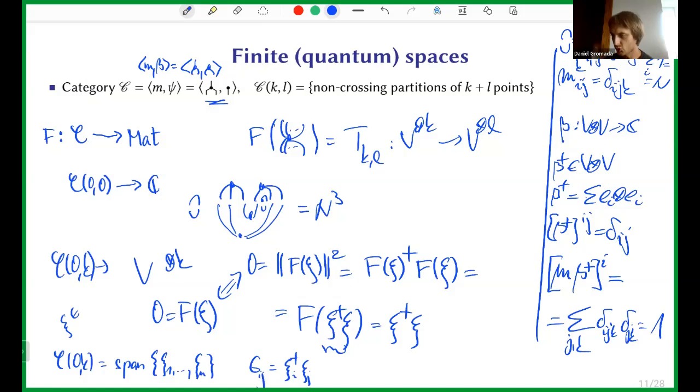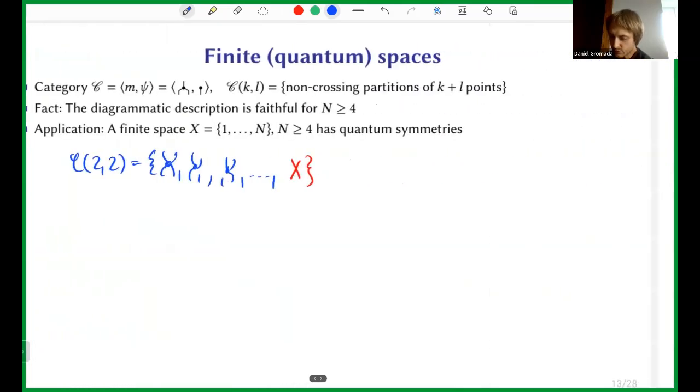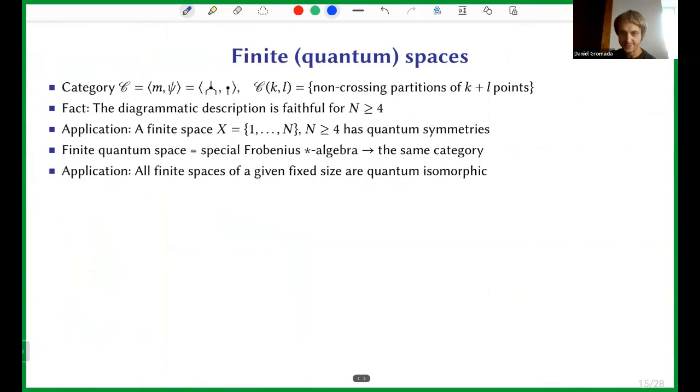Yes. So you need the fiber functor for realizing this as a quantum group. But in what I'm talking about today, we always start with a fiber functor, so we don't have the problem that we did not have it in the beginning. So the quantum groups might be different, but they are what's called quantum isomorphic.